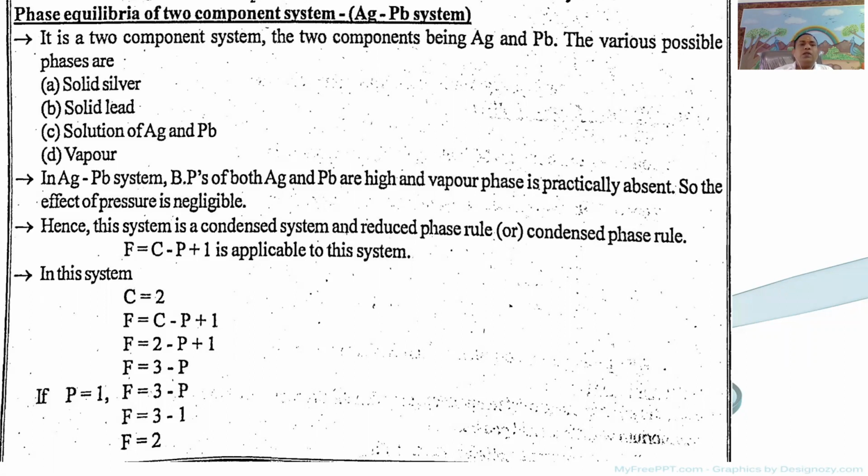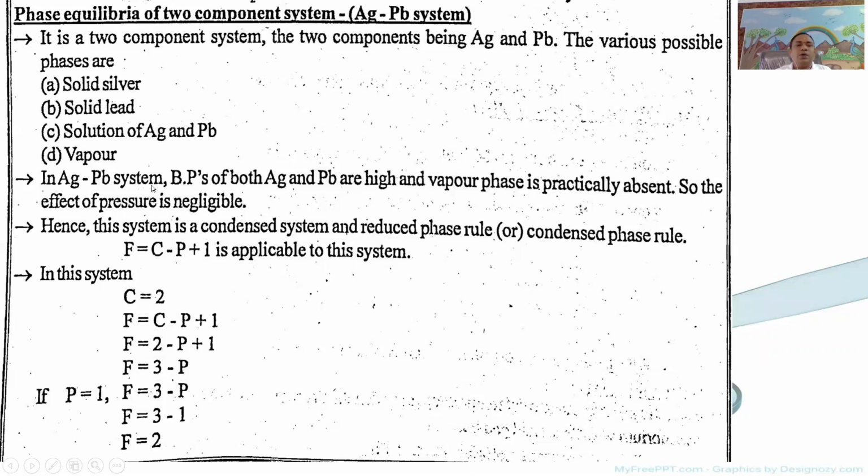But the silver lead system is expressed in terms of the Ag-Pb formula. Therefore, it is a two component system. The various possible phases are solid silver, solid lead, liquid silver lead and vapor.